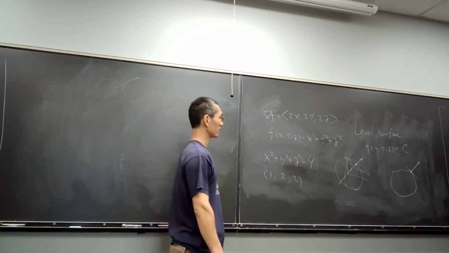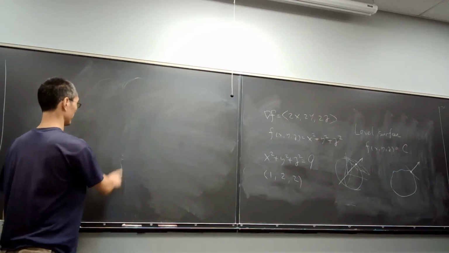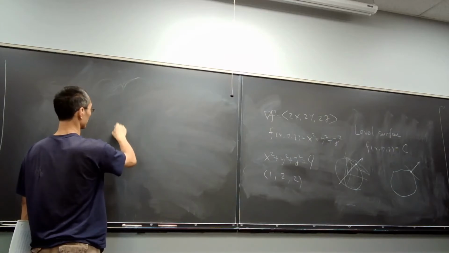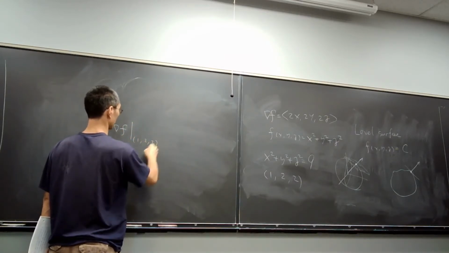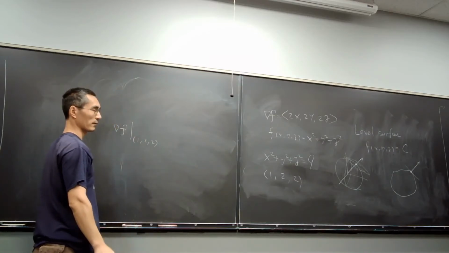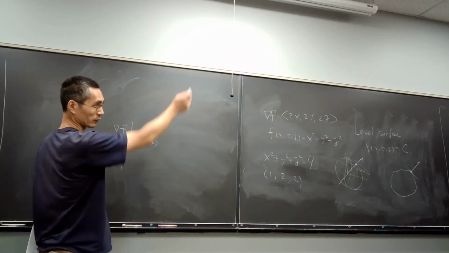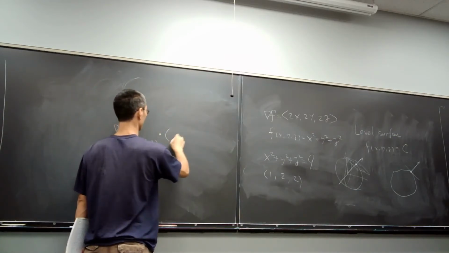So I ask you to write down the equation for the tangent plane. Then it's just this. You take its gradient at that point, you get the normal direction. And what is the equation for the plane? It's just this.